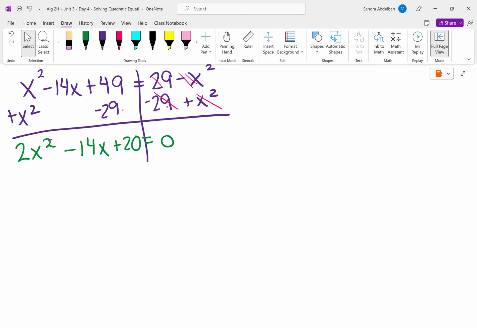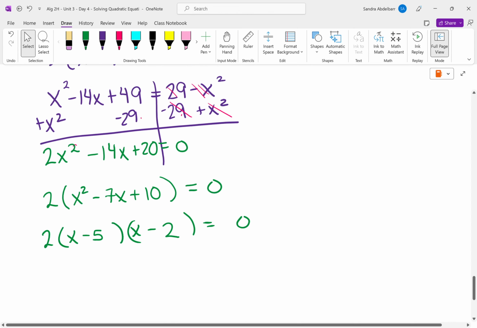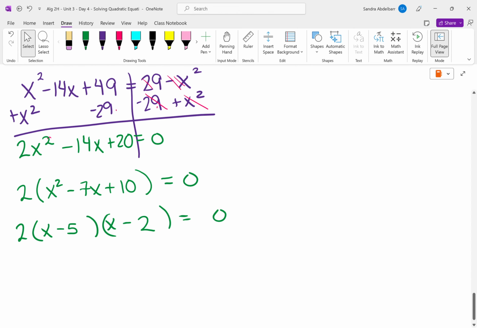Why? What should we do first? Pull out a GCF of 2. So now we have x squared minus 7x plus 10. And we know how to factor this. This will be an x minus 5 and an x minus 2.